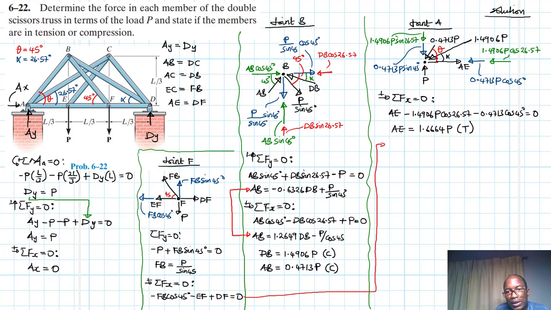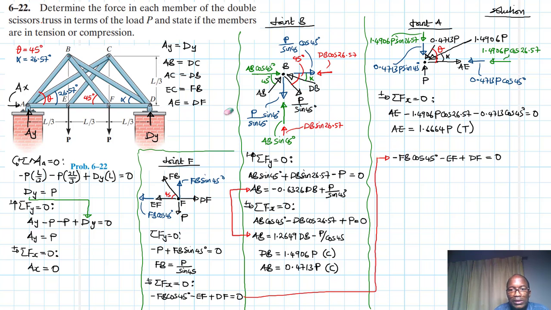So we said minus FB cos 45 minus EF plus DF is equal to 0. Alright, let's move it a little bit down. We can change our arrow and bring it there like so. Great.